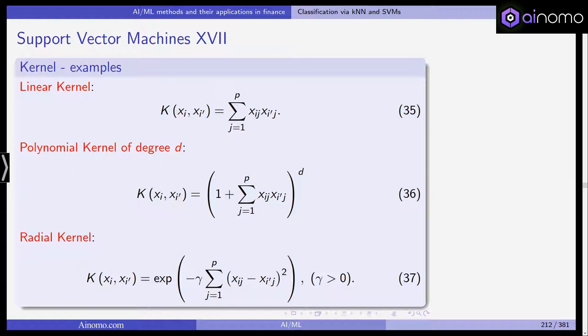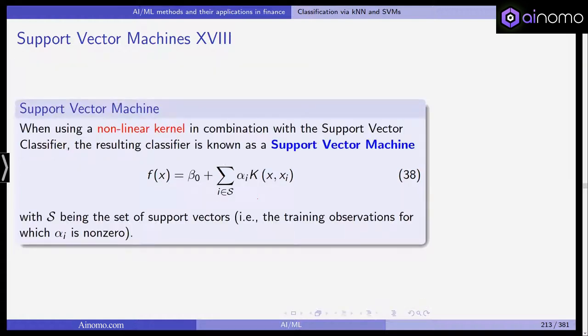If we now substitute the linear kernel by, say, the radial kernel, we get a different classifier. And if we substitute the linear one with a non-linear kernel, the resulting classifier is known as a support vector machine, or SVM. In equation 38, you see we now only speak of a general kernel K. What is important, as I mentioned before, is that we don't need all n parameters, because these parameters alpha i will be non-zero only for the support vectors.